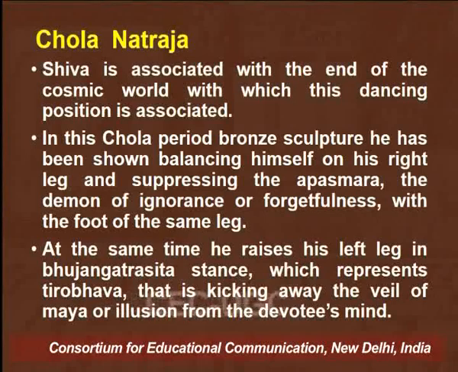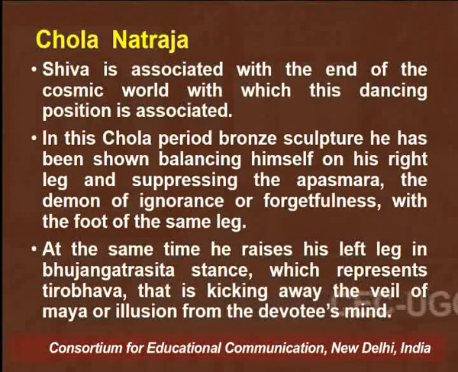Shiva is associated with the end of the cosmic world, and it is with this aspect that the dancing position of Shiva is associated. During the Chola period, in bronze sculpture and especially in Nataraja sculptures, Shiva is shown balancing himself on his right leg and suppressing the apasmara, that is the demon of ignorance and evil, with the foot of the same leg.